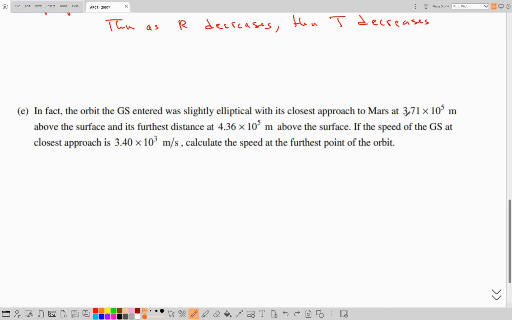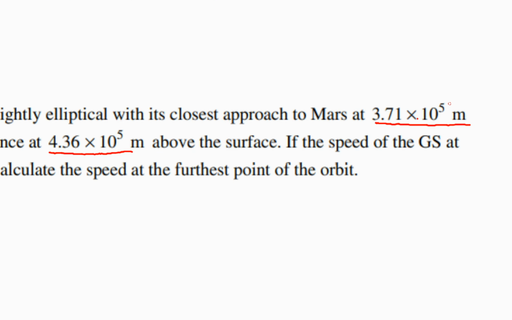That would be the closest with respect to the surface and its furthest distance, which is this much, above the surface. Now if the speed of the GS at closest approach is given by this one, this speed would be associated with this one.